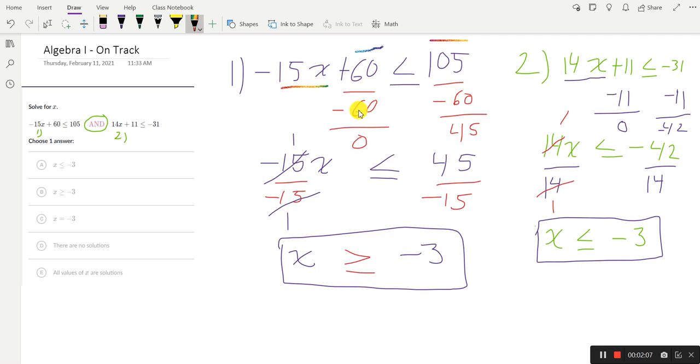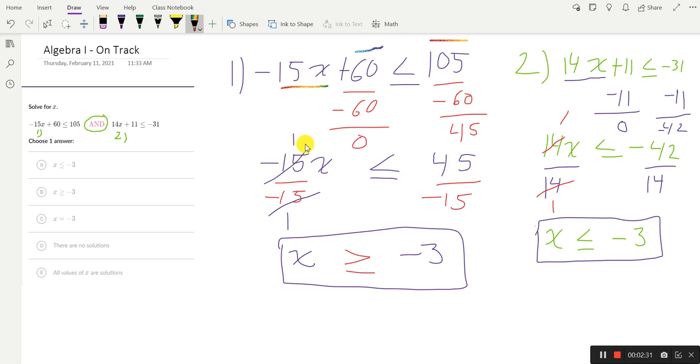And remember, if you do the same thing on both sides of the equation, your inequality or equation does not change. So we did that, and we are left with negative 15x is less than or equal to 45, because 105 minus 60 is 45.